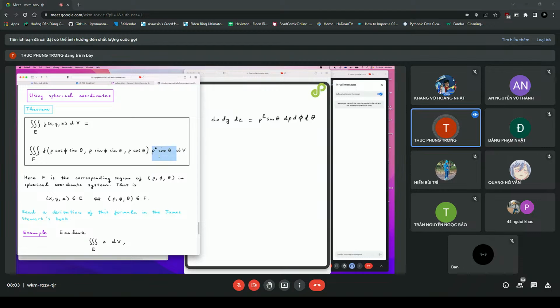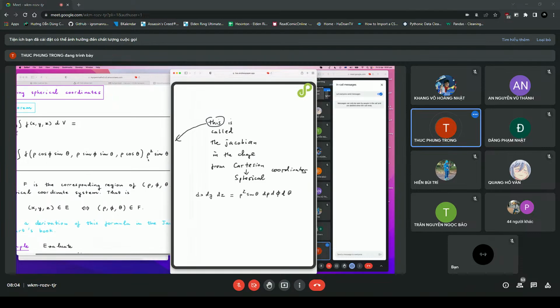This is the term you see right here, rho squared sine theta. So when you hear someone saying Jacobian, you know exactly it is rho squared sine theta.